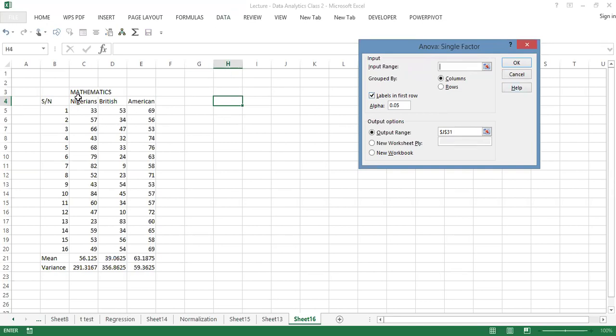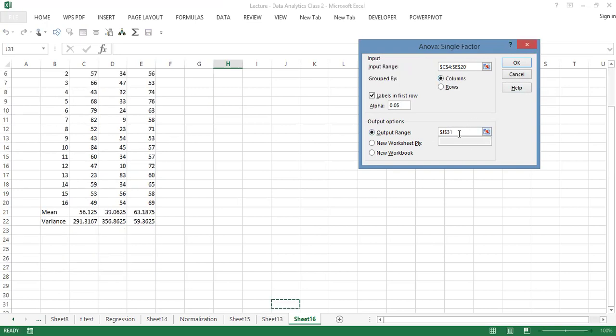Okay, so the input range, I'm going to select the whole thing. We are comparing by columns. Okay, the samples are arranged column-wise, Nigerian, British, American, where our alpha is 0.05.